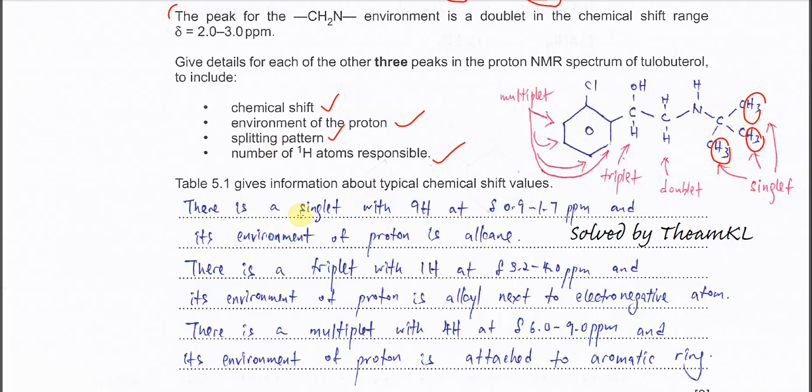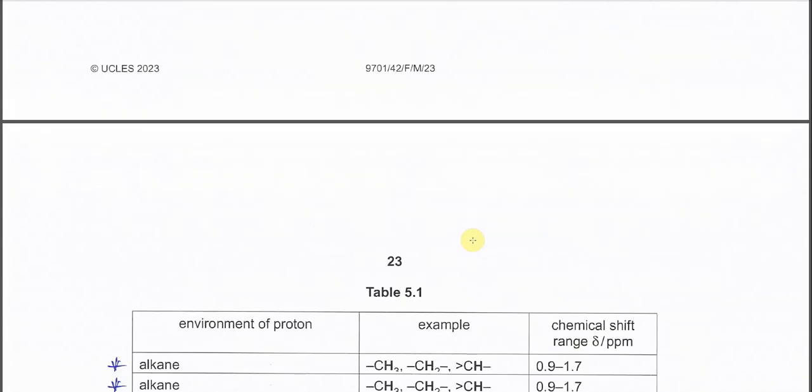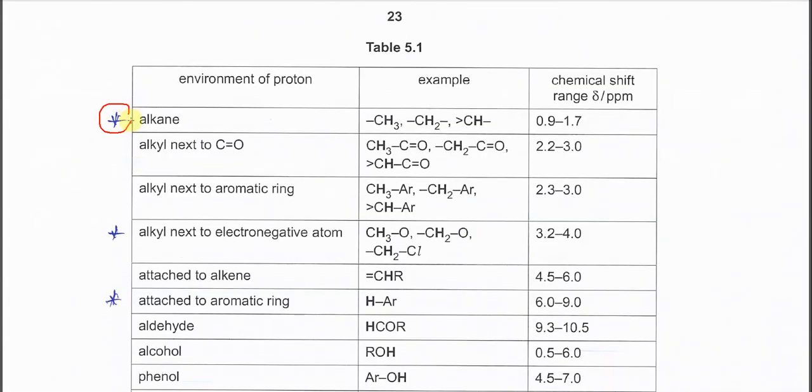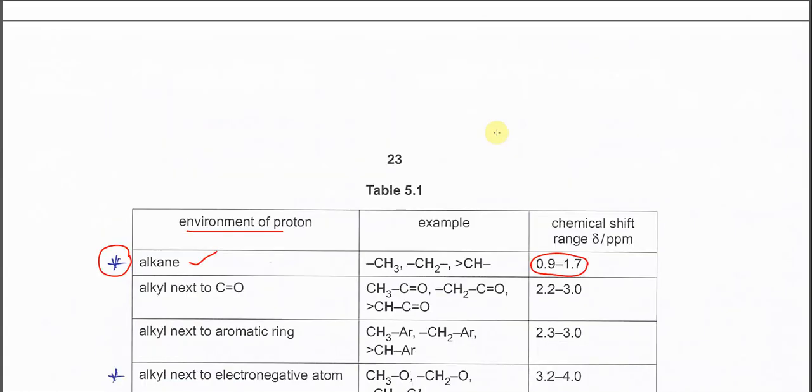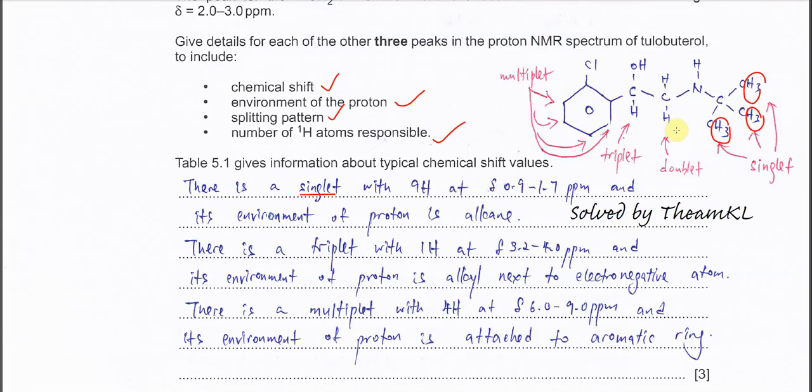So this is the splitting pattern, with 9H in total, and the chemical shift is around 0.9 to 1.7 ppm. Its proton environment is alkane, so you just refer to the table given, the first one. So the environment of proton is alkane, and the chemical shift for this 3-methyl is 0.9 to 1.7 ppm. This is the first signal that we discussed.